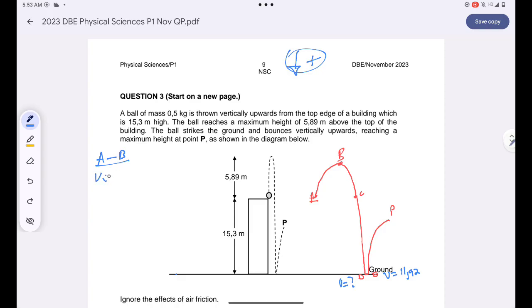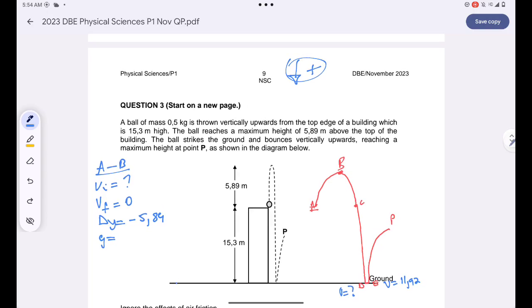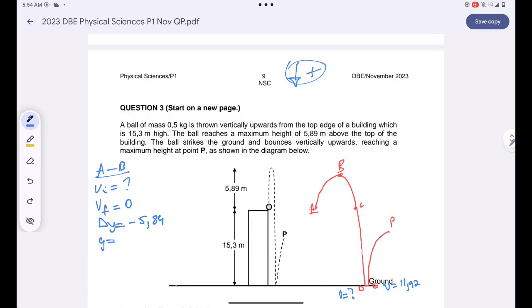I don't know my initial velocity, but I do know that the final velocity at point B is 0 meters per second. My ball is displaced 5.89 meters up. Remember that I said down is positive now, which means that this is negative 5.89, together. And then gravity, since I said down is positive, I don't care whether my ball is moving upwards or downwards.